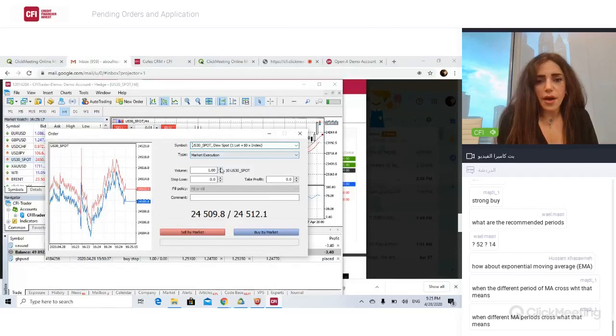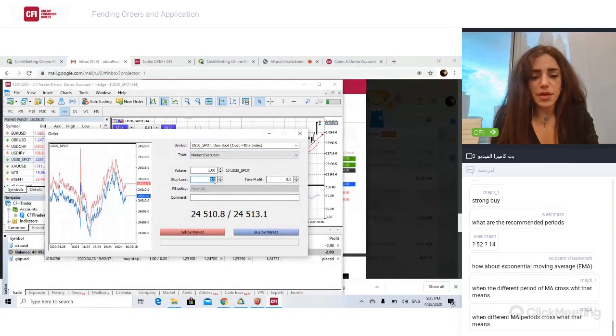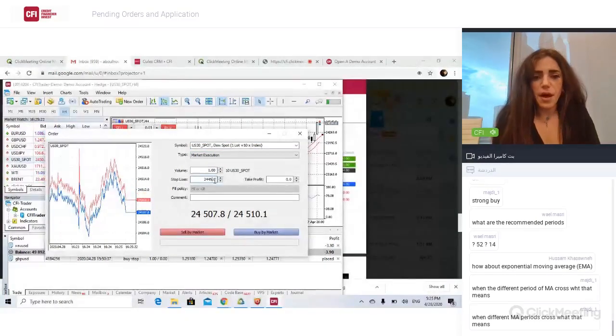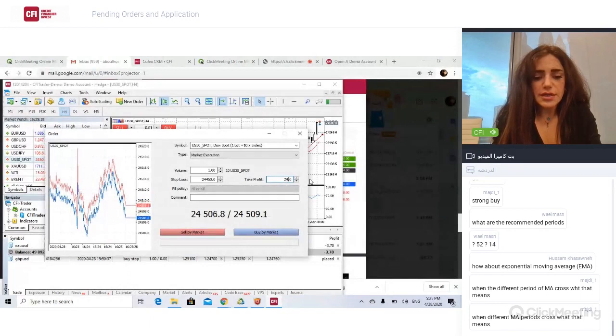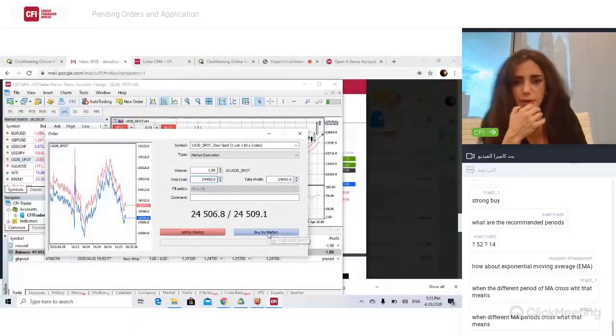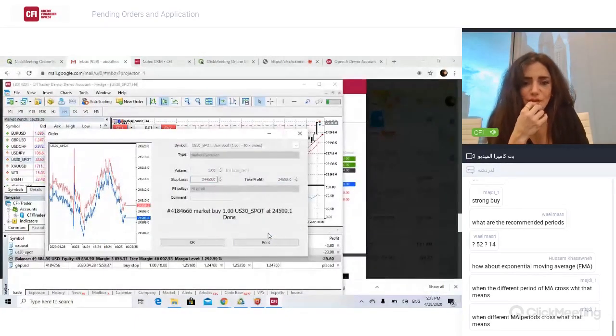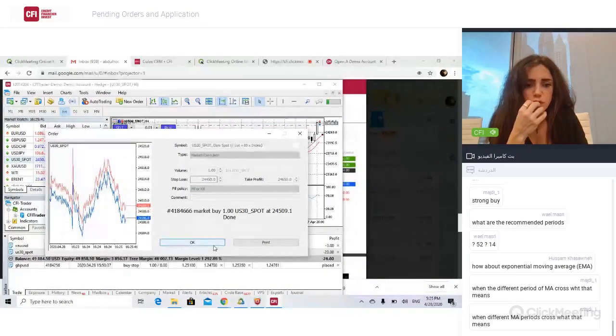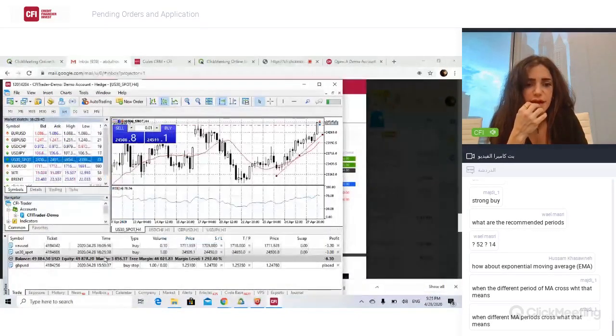Okay, so again, I'm buying one lot. My stop loss is 24,450. My take profit is 24,650. Okay, buy. I'm buying one big lot of the Dow Jones with almost 3,500 as a margin.